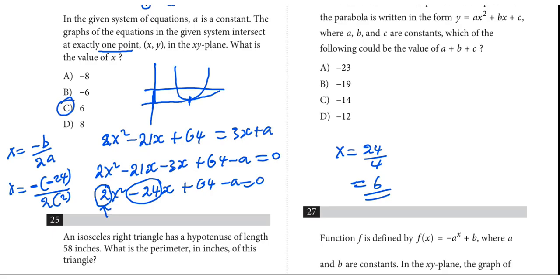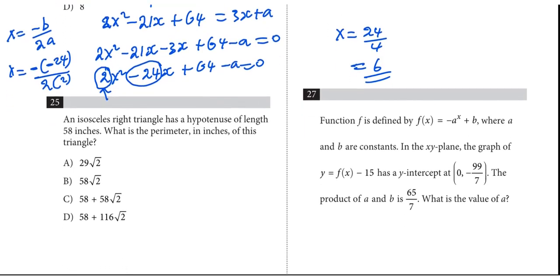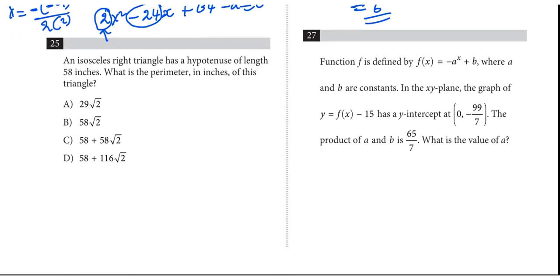All right, so let's go to question 25. An isosceles right triangle has a hypotenuse of length 58 inches. What is the perimeter in inches of this triangle?